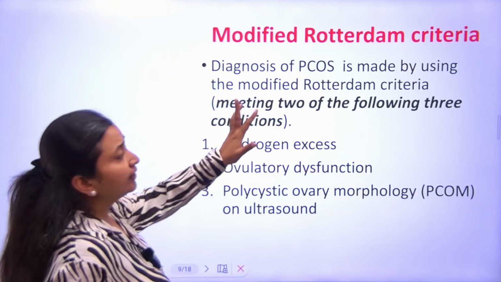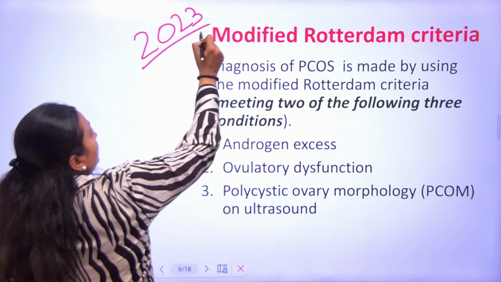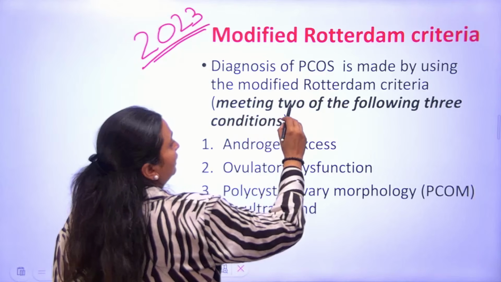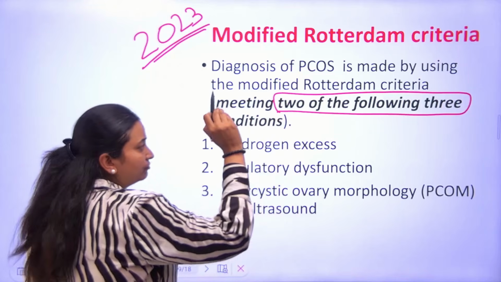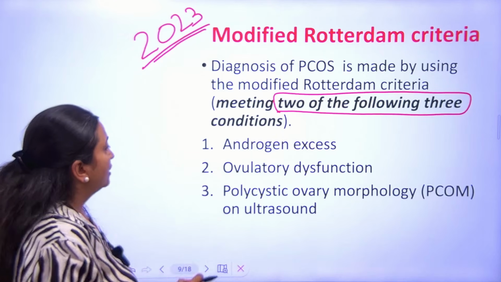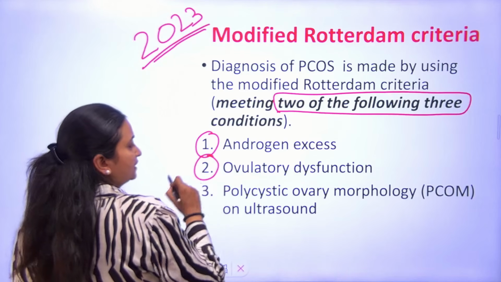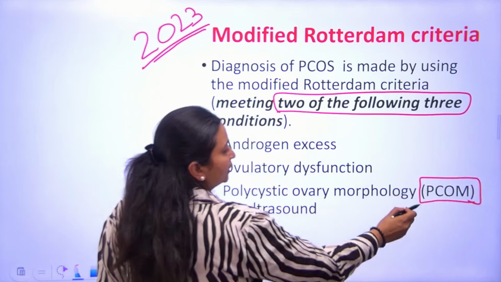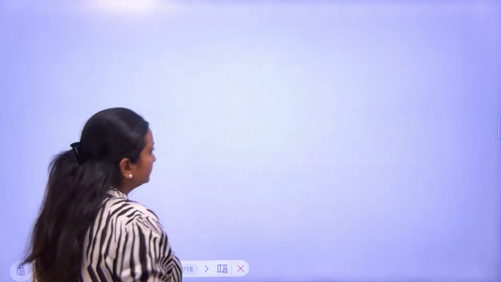So talking about modified Rotterdam criteria, which came in 2023 as a common international consensus, diagnosis of PCOS is made by the modified Rotterdam criteria. 2 of the following 3 conditions have to be fulfilled. We need to remember these 3 conditions, and any 2 have to be fulfilled. Number 1, androgen excess, that is hyperandrogenism; ovulatory dysfunction; polycystic ovary morphology, PCOM. Morphology means appearance on the ultrasound.